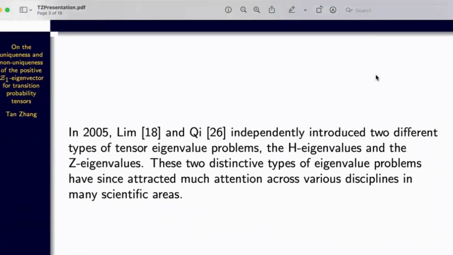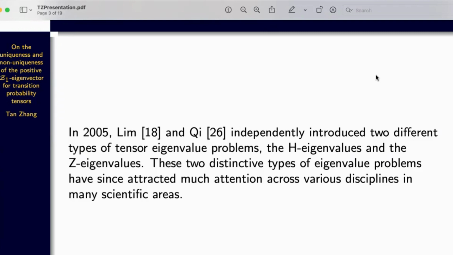The eigenvalues for linear mappings or matrices have been very well understood, and the structures of eigenvalues and eigenvectors are also very well understood. In 2005, Professors Lim and Qi independently introduced two different notions of tensor eigenvalue problems.